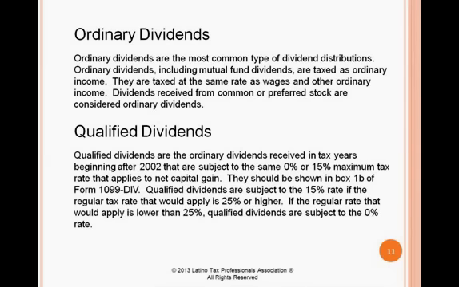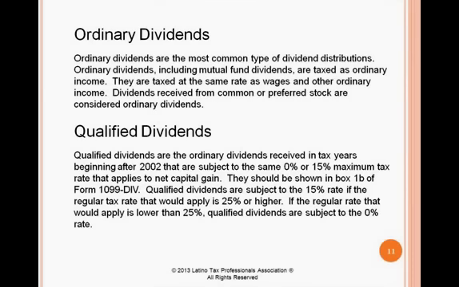Qualified dividends are the ordinary dividends received in tax years beginning after 2002 that are subject to the same 0% or 15% maximum tax rate that applies to net capital gain. They should be shown in Box 1B of Form 1099 DIV. Qualified dividends are subject to the 15% rate if the regular tax rate that would apply is 25% or higher.